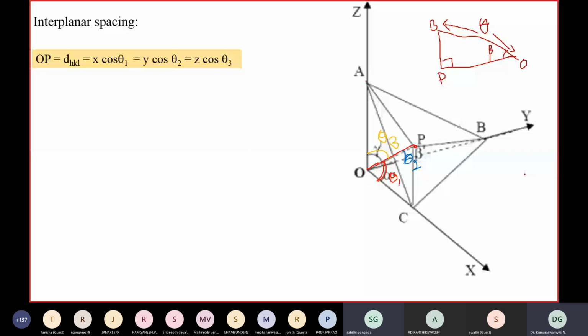Okay, sir. Sir, in triangle POC, OC is the hypotenuse. Yes. Okay, sir.